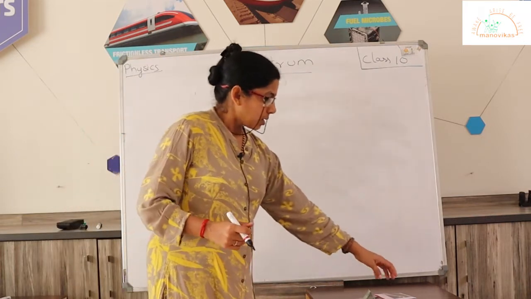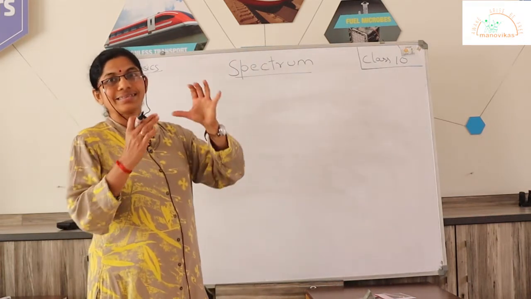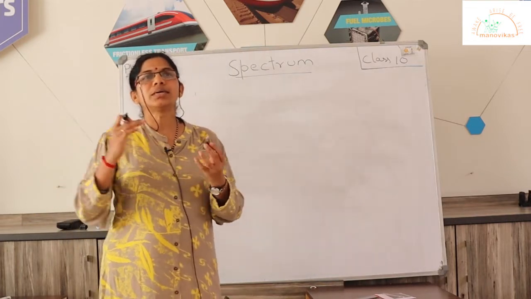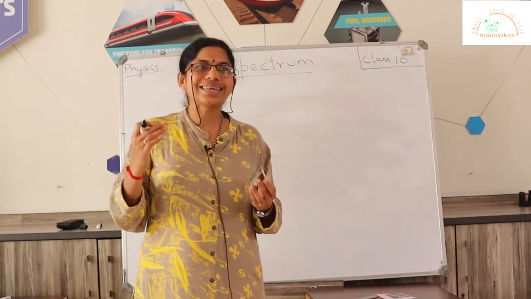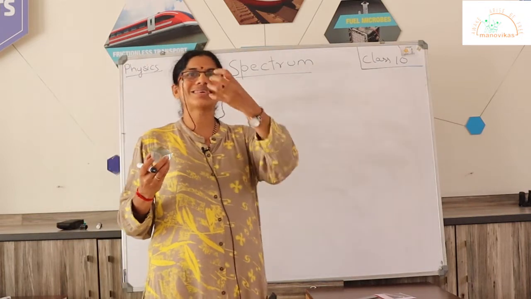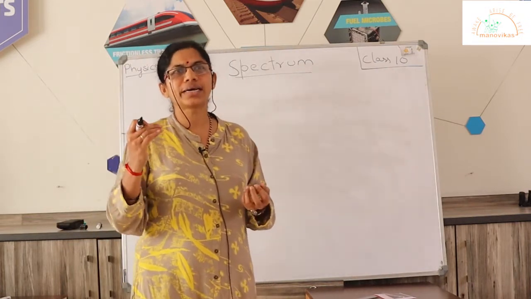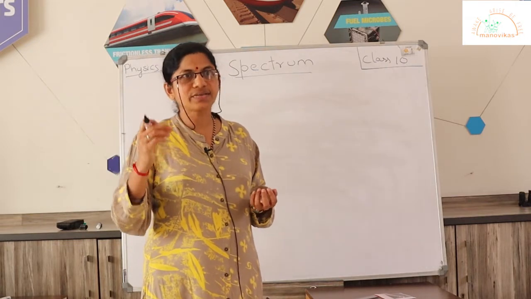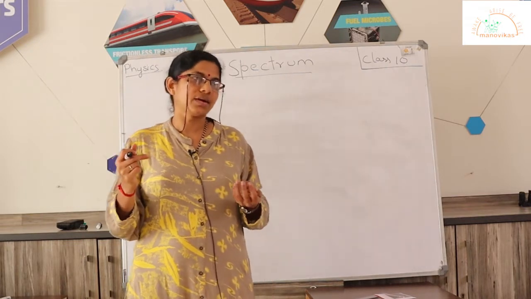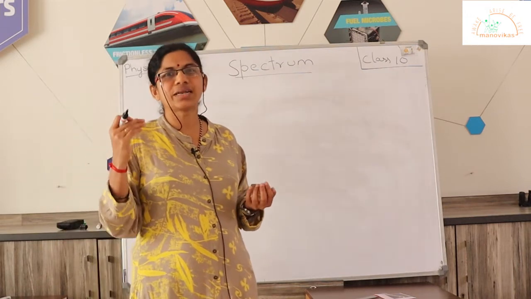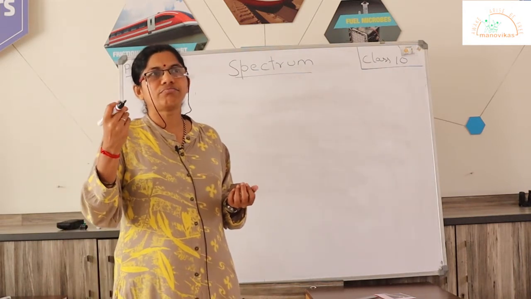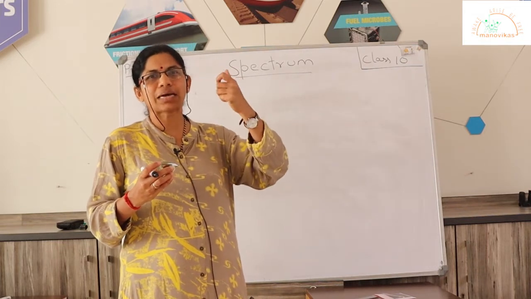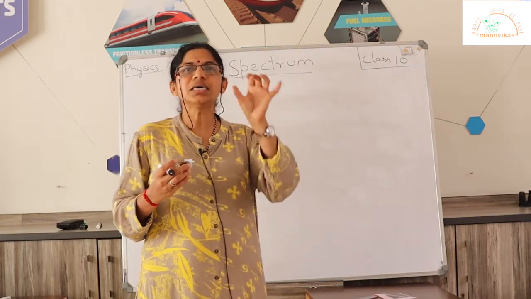Now spectrum, as I have already said, is a band of 7 colors which is obtained. Now Newton, when he was trying to use certain lenses to focus sunlight, observed that towards the edges of the lens he would see certain colors. So initially he thought that those colors are due to some dust particles or some aberrations present within the lens.